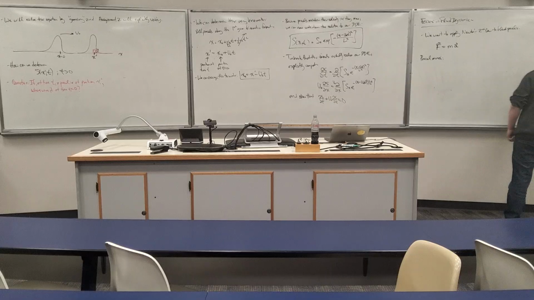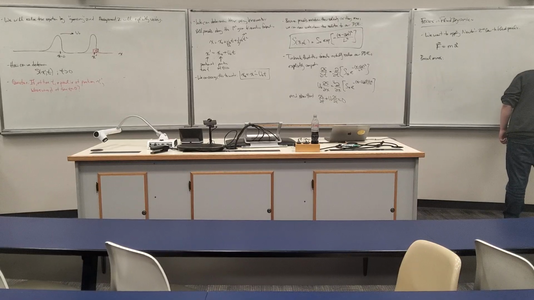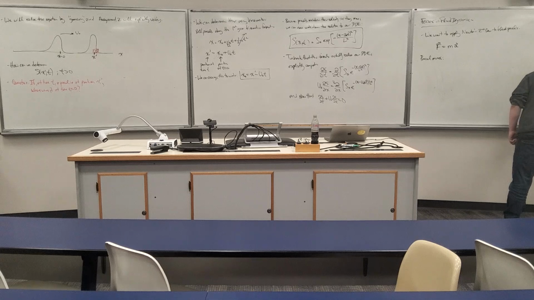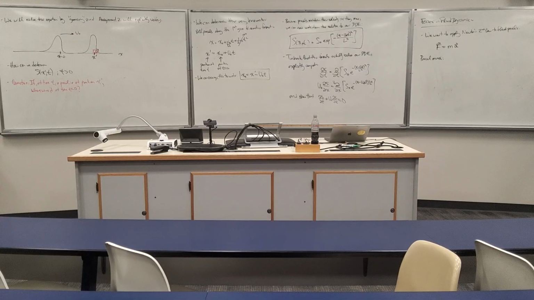So the volume of our cube, we call that delta V, and that just equals the product delta x times delta y times delta z.